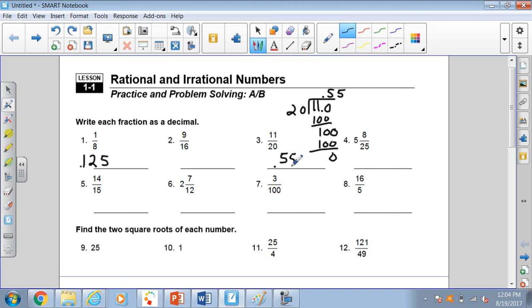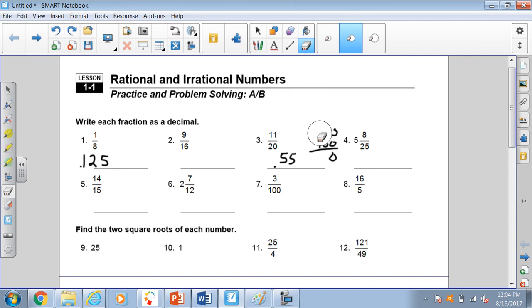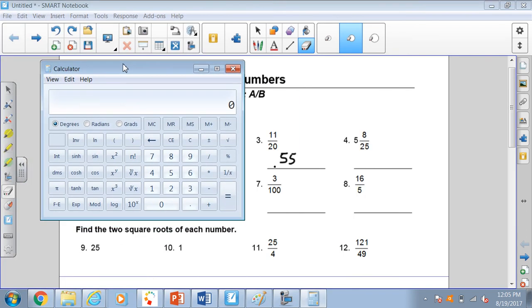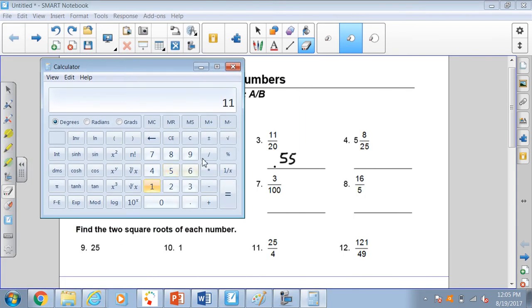All right, I'm leaving number 2 and all the even ones for you guys to work, but I'm going to show you again using the calculator to check my answer if it was correct. And if I did that, I would take 11 divided by 20. That's my numerator divided by my denominator, and it would give me 0.55.